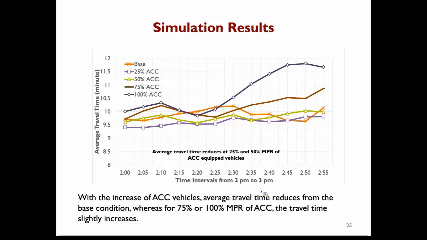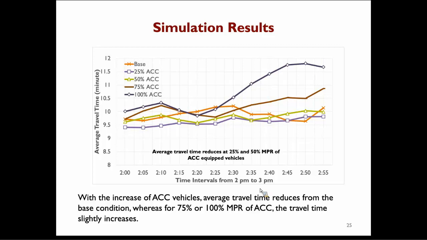And if you use 75% to 100% market penetration rate, the travel time increases, but the increase is not that significant. So with that, we can identify how the ACC controller can help for understanding the risk of collisions during evacuation.